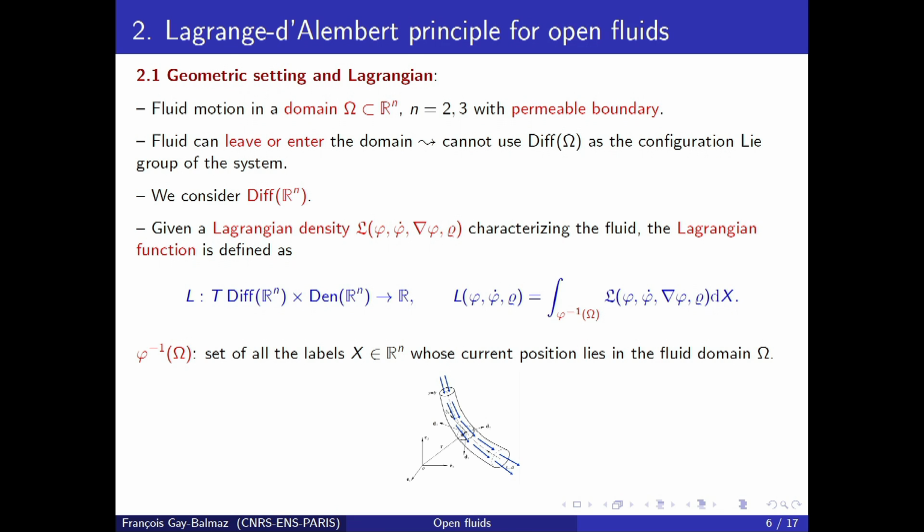Because it's the main change at this step for passing to open fluid, right? So we integrate only on phi minus 1 omega, but we integrate the good old densities of the fluid, right? So this is just to illustrate what happens, in this case, for a pipeline or a tube, in which there is inflow and outflow, right? So this is step one.